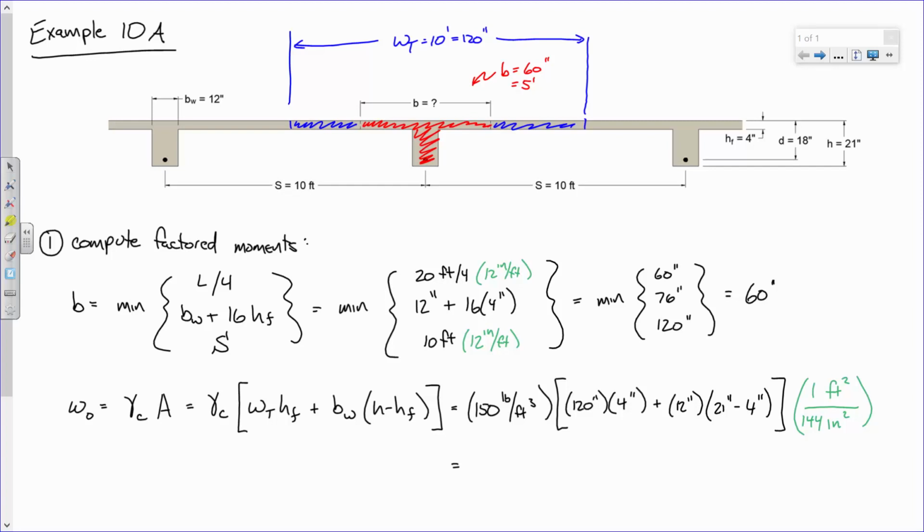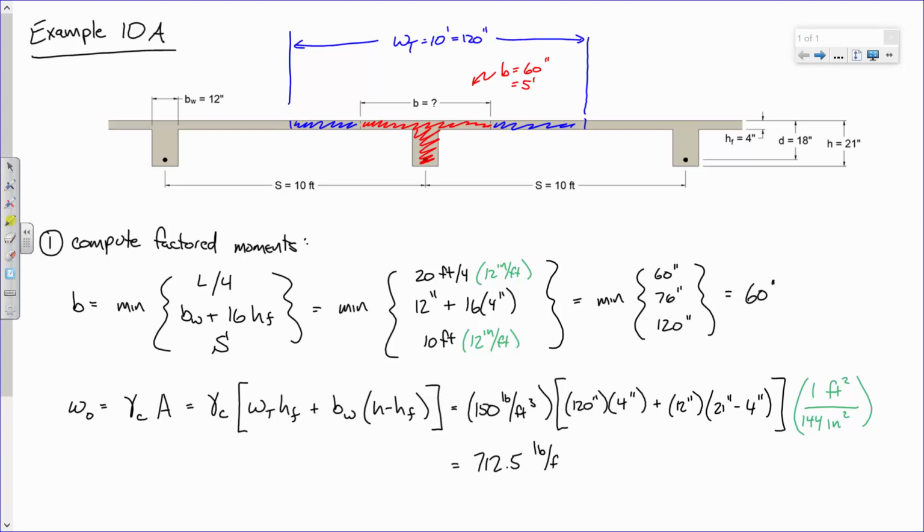And so what does that come out to be? 712.5 what?